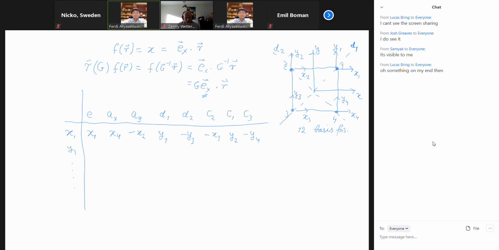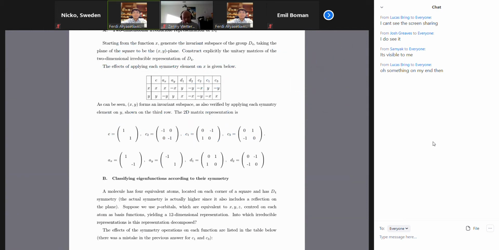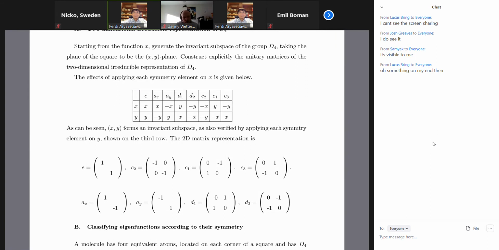So for this example, we can just do this by inspection. And also for the home assignments, I think you can just do it by inspection, like what we are doing now. A more general, more systematic way of doing this would be to look at the effect of each symmetry operation on x and y.